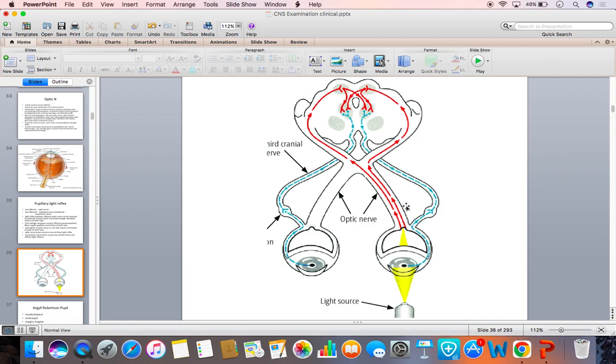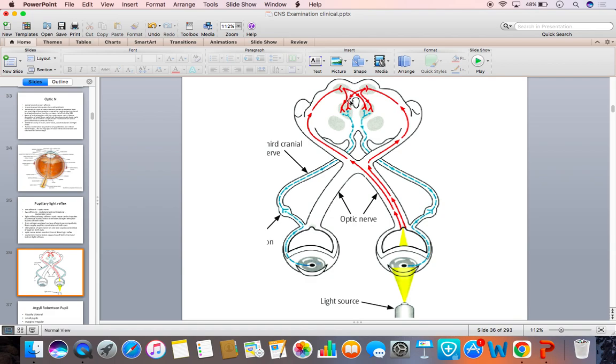Well, when you stimulate the eye by focusing the light, you should focus the light from the lateral side of the eyeball, not directly. Then impulses reach the pretectal nucleus here.